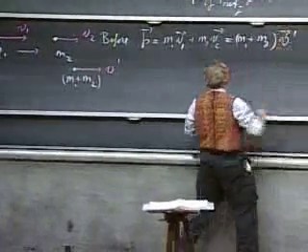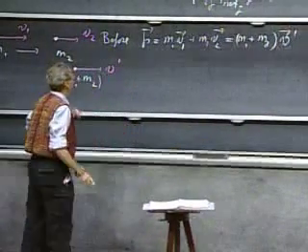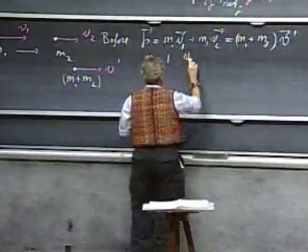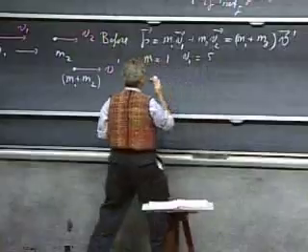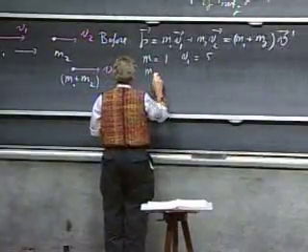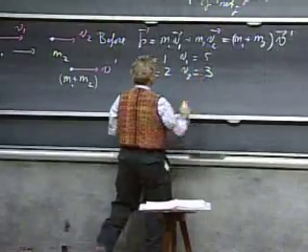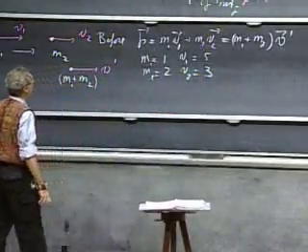v prime. If we put in some numbers, suppose m1 equals 1 kilogram and v1 is 5 meters per second. Let m2 be 2 kilograms, and let v2 be 3 meters per second.